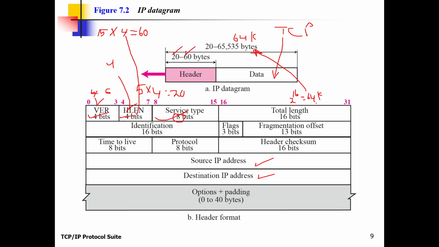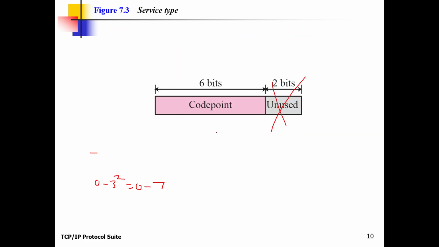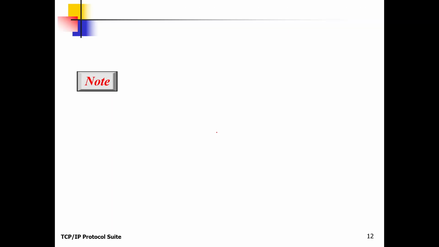If I need to know the size of the data, what should I do? Subtract this from this. This is the size of the header, and this is the size of the whole datagram. Then I will know how much the data is. You agree? All right, let's go forward.